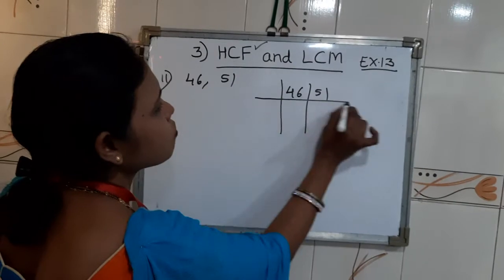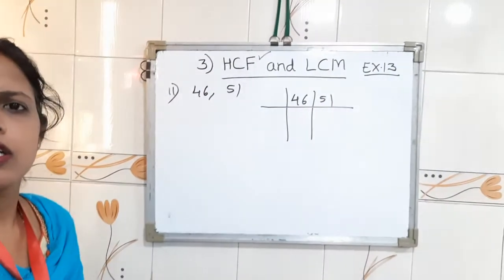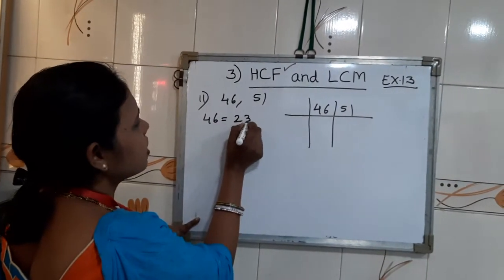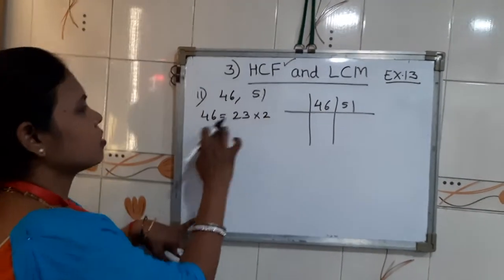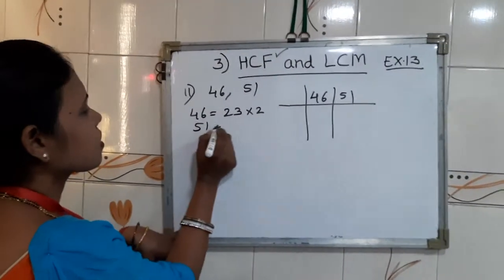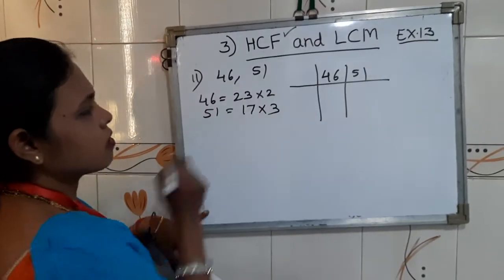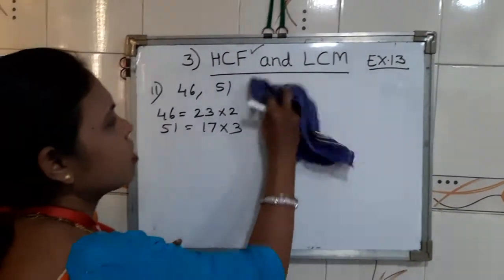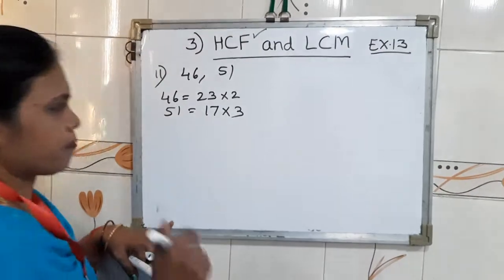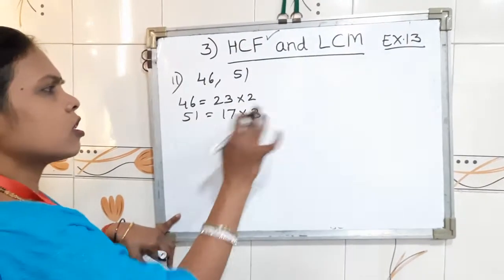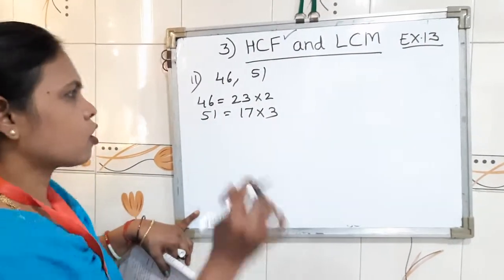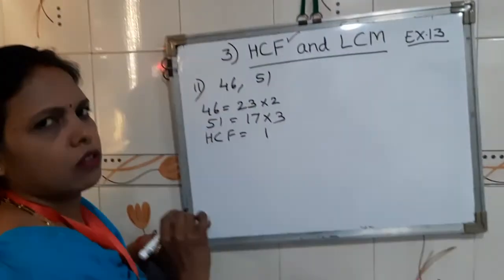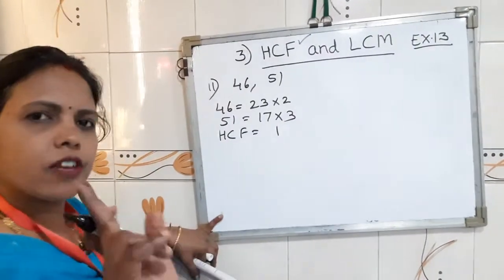In the table of each one you will get both these numbers. 46, as you know, is 23 into 2, and 51 is 17 into 3. Then here you are not getting any common number, that's why we will drop this one. Now in both we are seeing no number is there in common. Therefore HCF equal to 1. No number is common means HCF is 1.